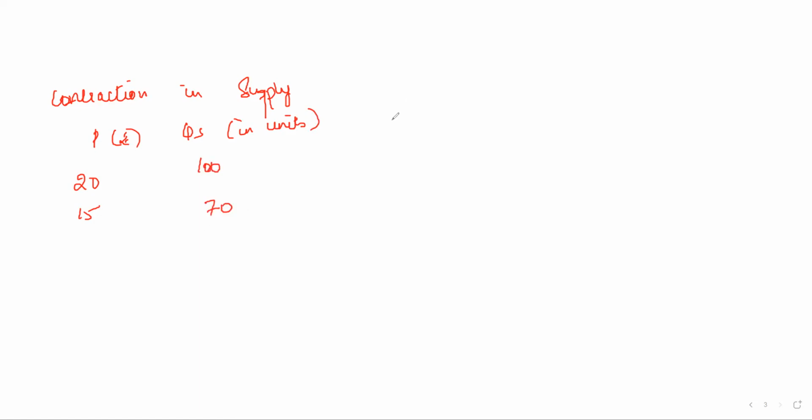Let us plot this now. At 20, let us say it was 100, so it was at this point. And at 15, now it is at 70, so it is this point.